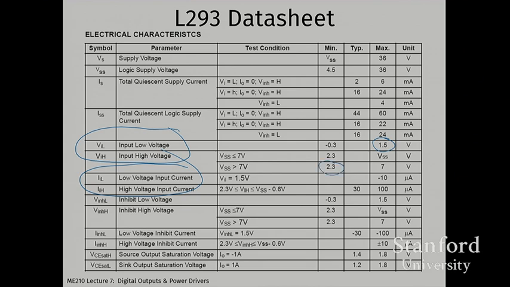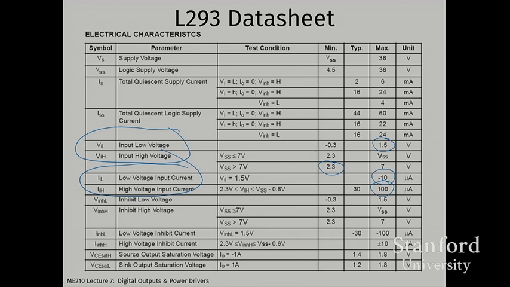So you can drive these inputs with the output pins of an Arduino or most logic devices. The currents are not very high. They're in the microamp range, so those are within reach of the output currents of most of the devices we've talked about. Remember, the Arduino can source as much as 20 milliamps of current from its output pin, so there's no real problem there.